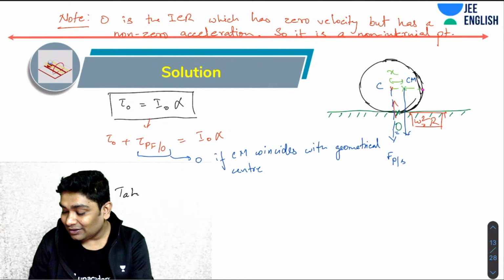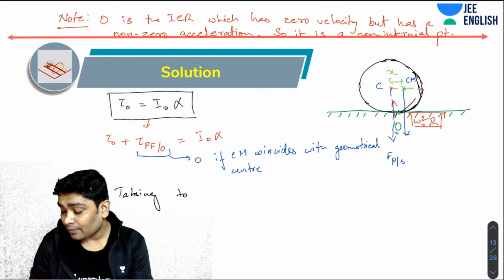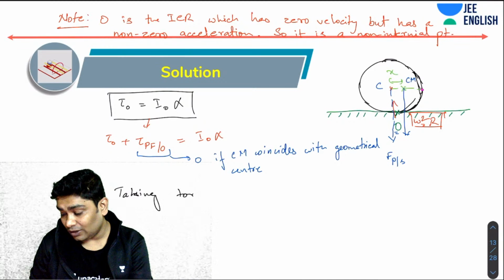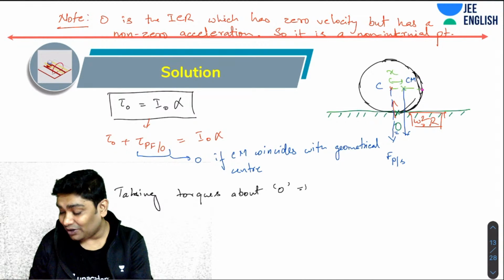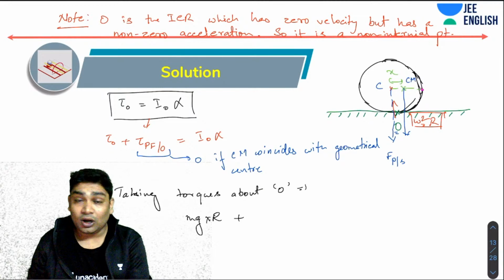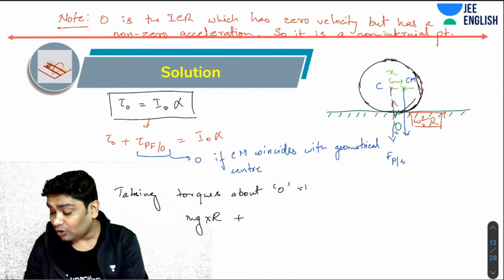Taking torques about O, there is a torque due to mg, which is mg into r, plus a torque due to the pseudo force. Now the pseudo force is m times the acceleration of the non-inertial point.